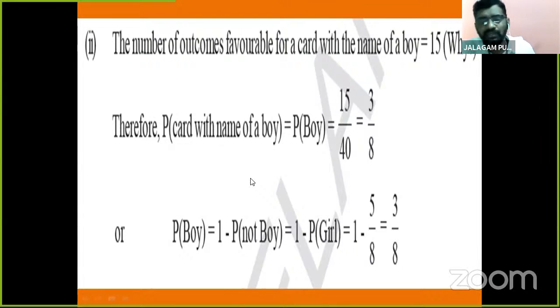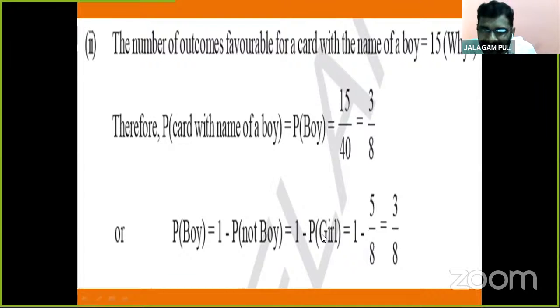We already found the girl probability and the boy probability. Or here we use the complementary events formula. So P of E plus P of not E is equal to 1. So P of boy plus P of girl is equal to 1. Girl means not boy. So the probability of boy is equal to 1 minus probability of not boy.